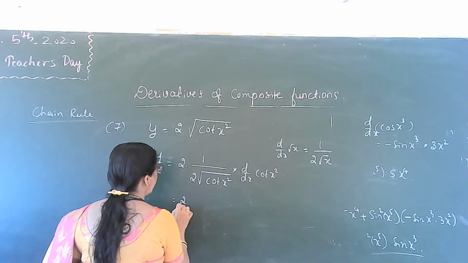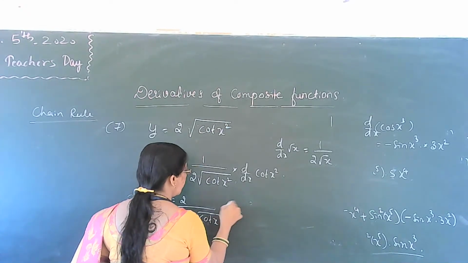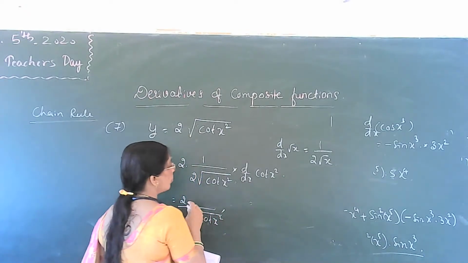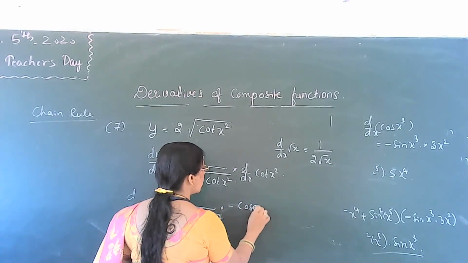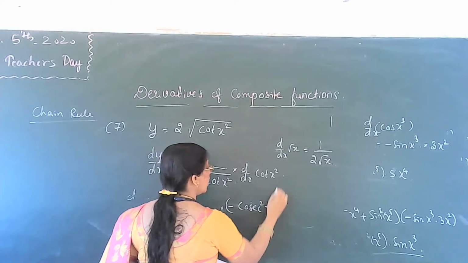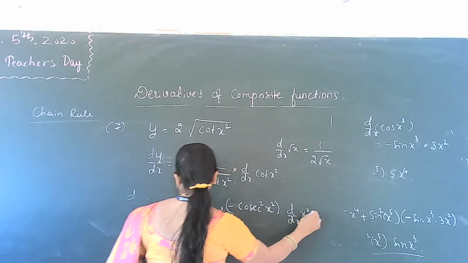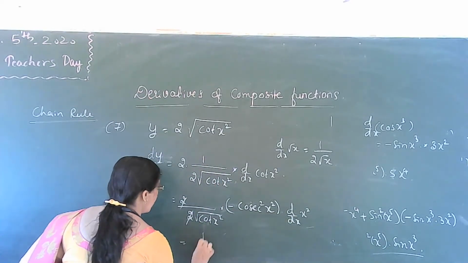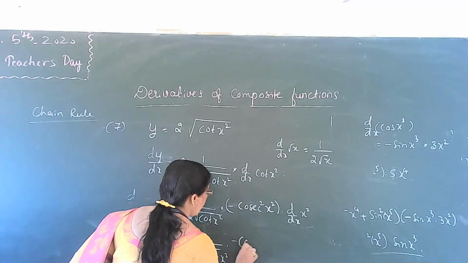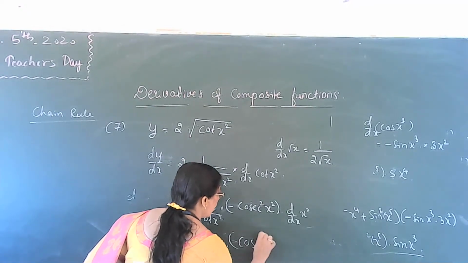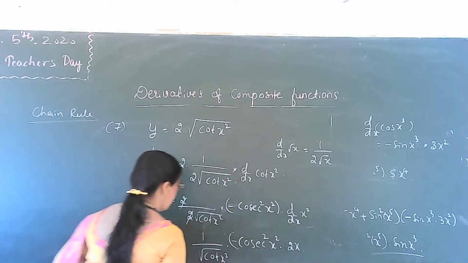The 2 into 2 by 2 cot x square into derivative of cot is minus cosec square x. Here is x square and derivative of x square. 2 is cancelled. Here 1 by root of cot x square into minus of cosec square x square into d by dx of x square is equal to 2x.